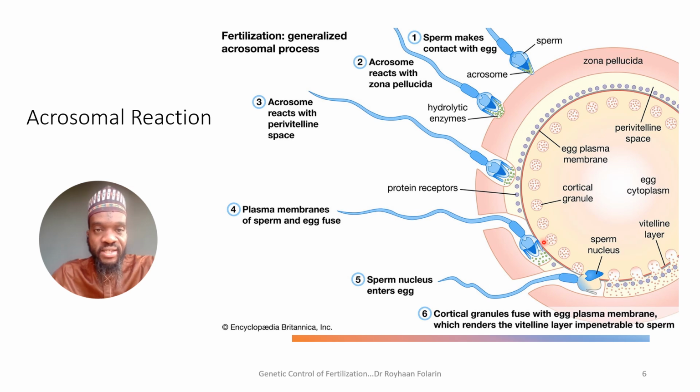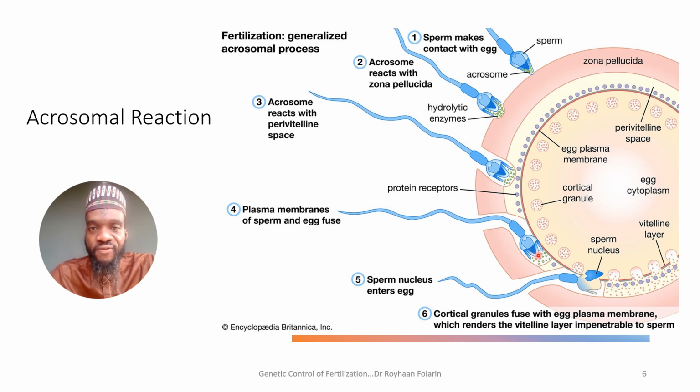So once it adheres to the nuclear envelope of the spermatozoon, it forms a shallow outpocketing, which then rapidly elongates into a thin tube, the acrosomal tubule, that extends to the egg surface and then fuses with the plasma membrane of the egg, which is happening here.